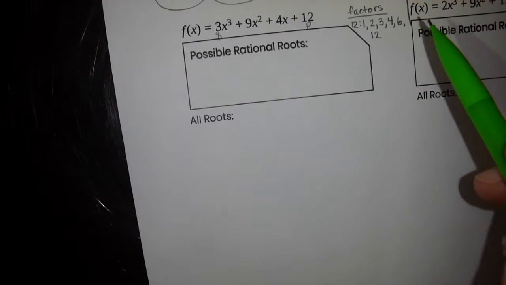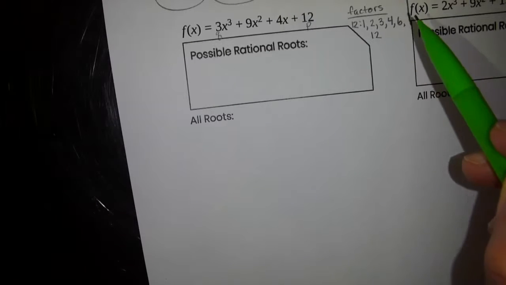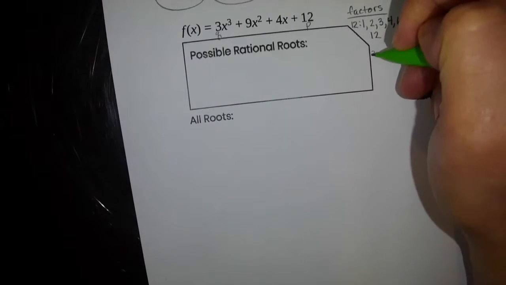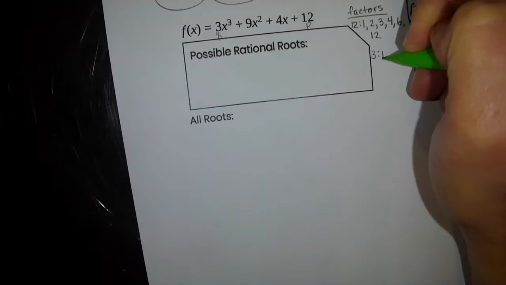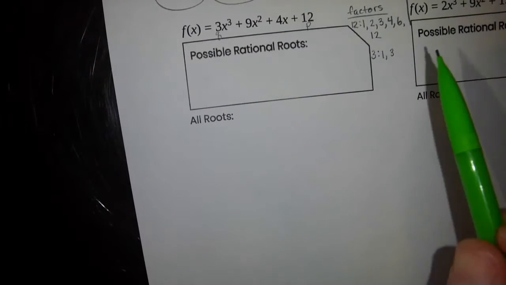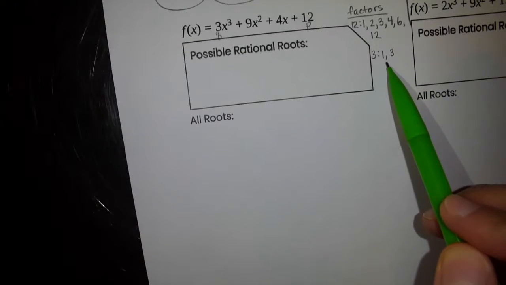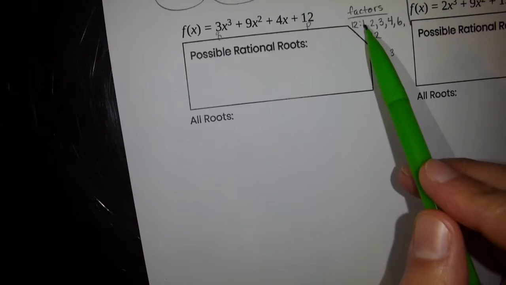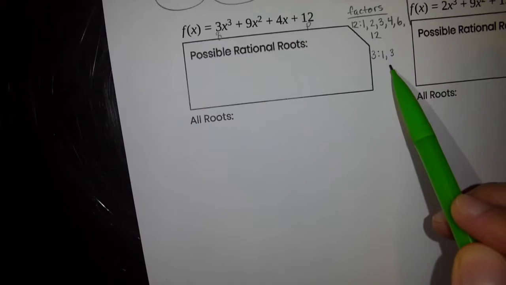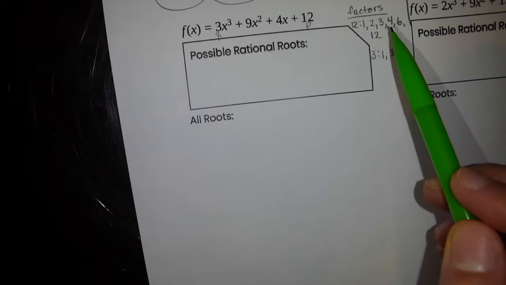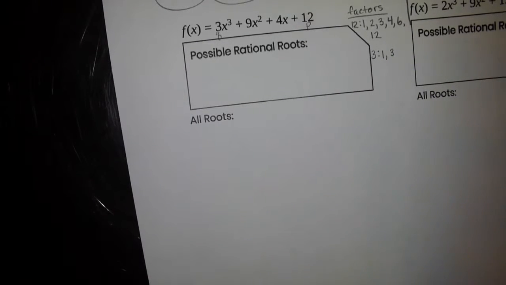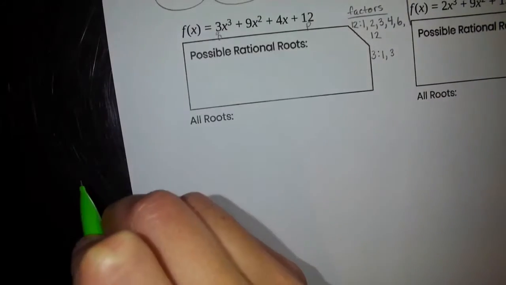Okay, 7, 8, 9, those numbers don't go in, but 1, 2, 3, 4, 6, and 12, all those factors go in. And for my factors of 3, I have 1 and 3. So I'm going to do fractions of all these numbers over 1, and then do another set of fractions of all these numbers over 3. So a lot of these fractions, you want to reduce them because they'll come out to be nice whole numbers.